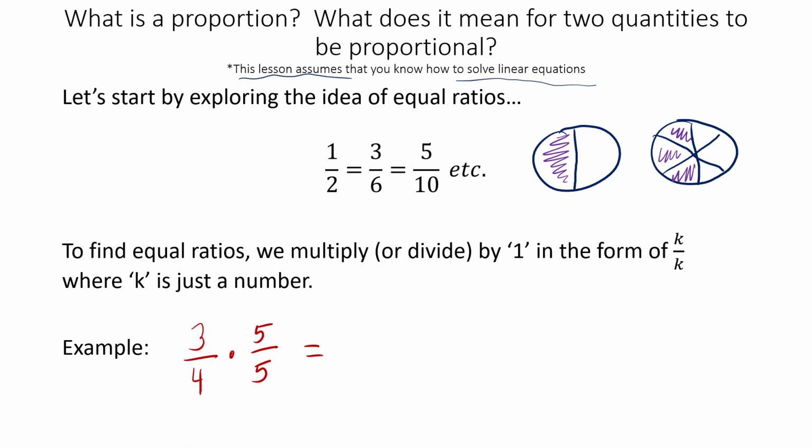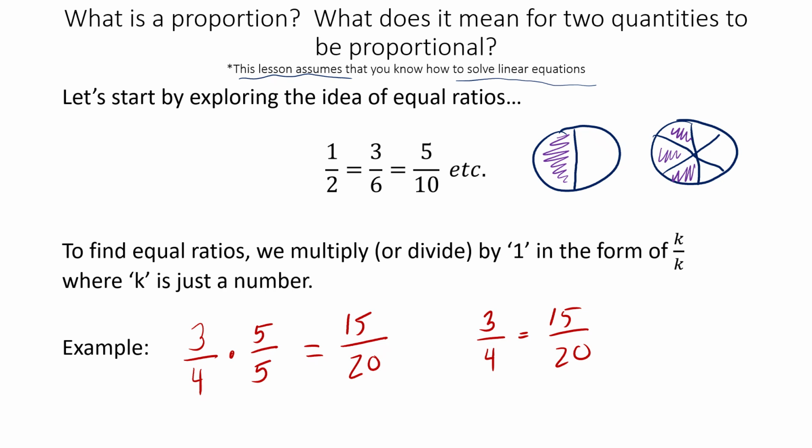So 3 times 5 is 15. And 4 times 5 is 20. And what I have done there is I have found an equal ratio. So 3 out of 4, or 3 out of 4 pieces, would be the same as taking 15 out of 20 pieces. So that is what we mean by the equal ratios and how we find equal ratios.